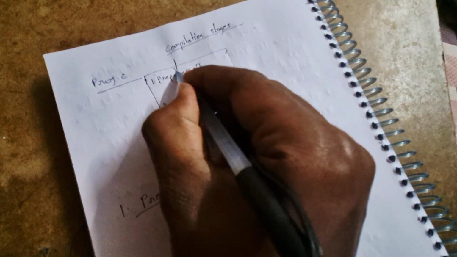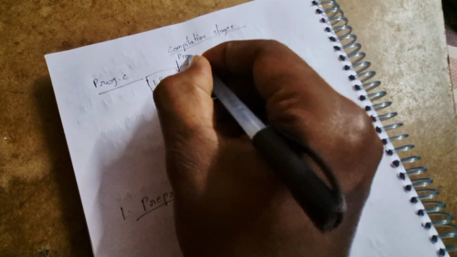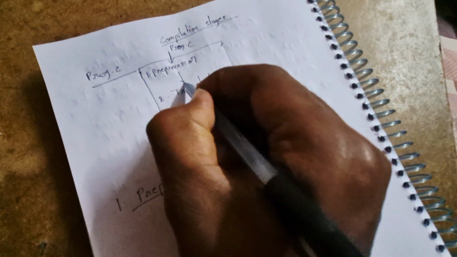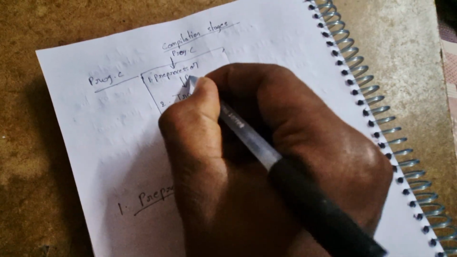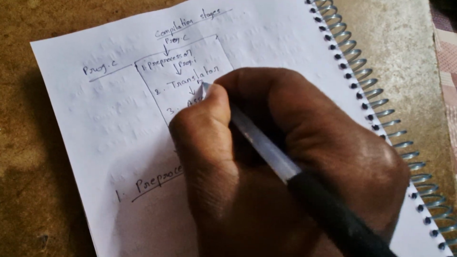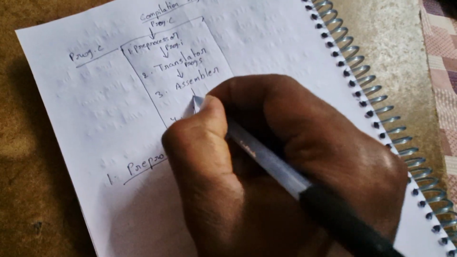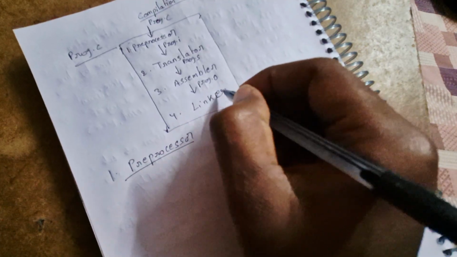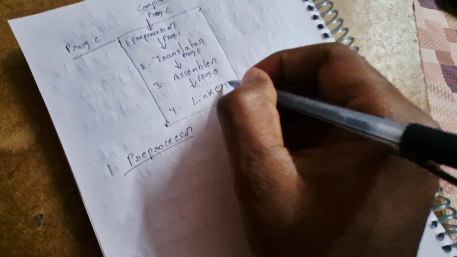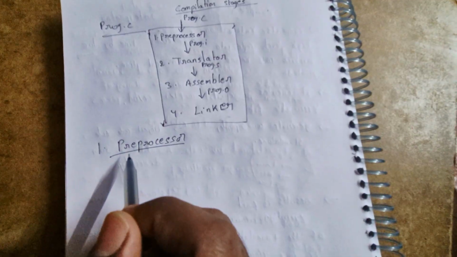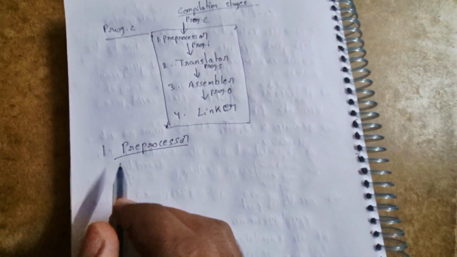That is first processed by the preprocessor. After the translation stage, it converts to program.i, then it converts to program.s, and after that it converts to program.o. This is the linker, the final output stage. Conversions happen this way. And what does the first stage, preprocessor, do? We discuss.